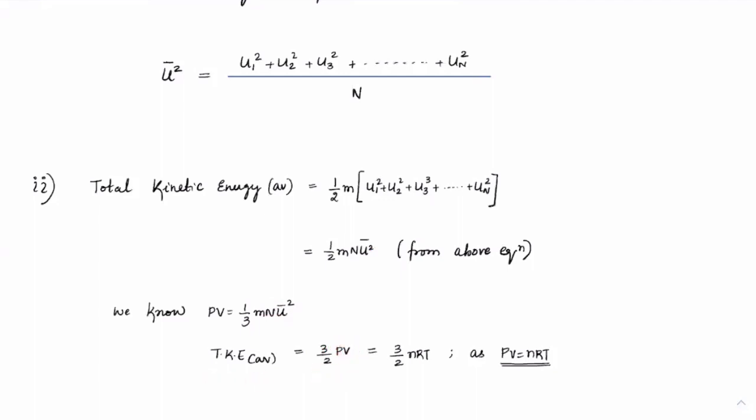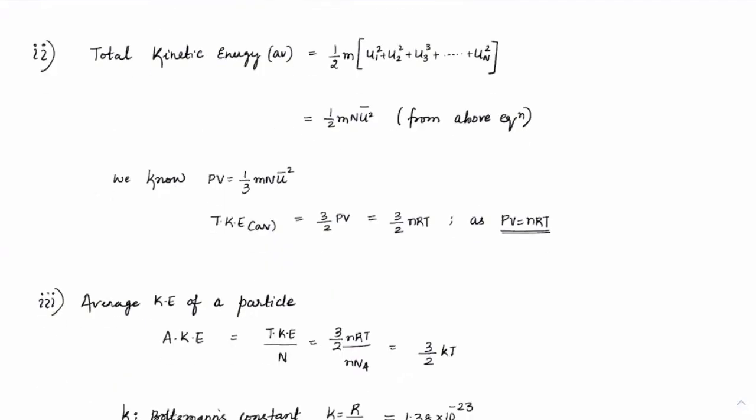PV I can write as nRT. So total kinetic energy is equal to 3 by 2 nRT. What is important here is that total kinetic energy depends on both n as well as T. Total kinetic energy will always be dependent on number of moles as well as the temperature.